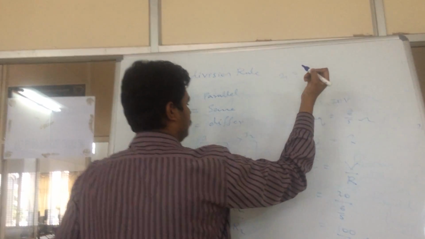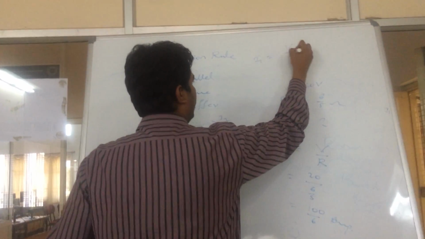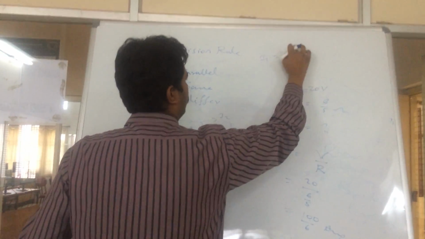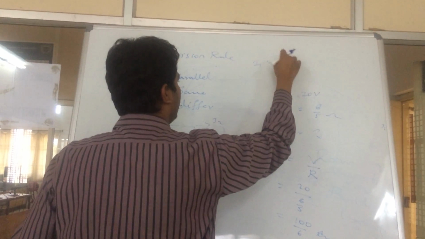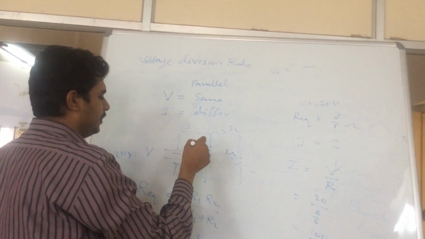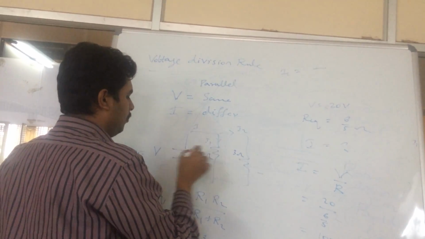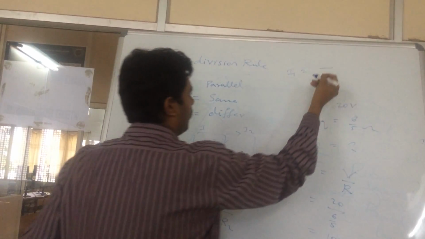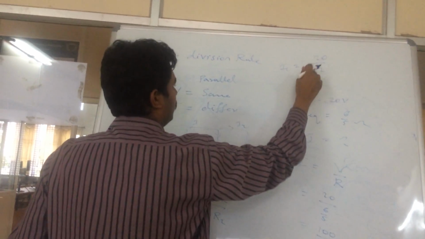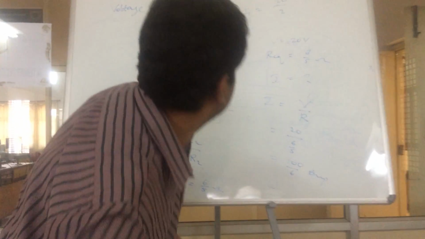So I1 here is V by, you can also do that, but to avoid that confusion, I will use a simple technique. Therefore I1 is equal to the voltage across this by 2. 20 by 2 I will take. 20 by 2 will not give you the current.